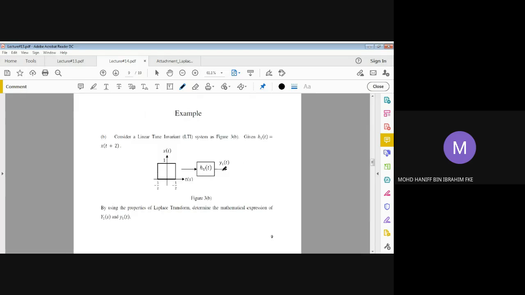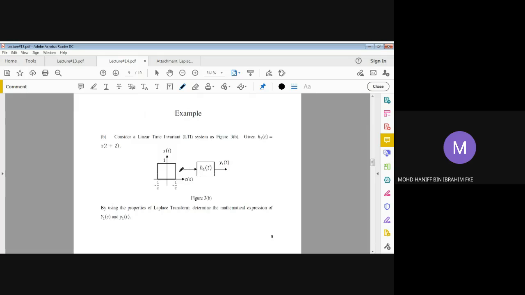Based on this, you are requested to determine the mathematical expression for Y1(s) and also y1(t), so we need to find the s transform of y1(t) and also the expression for y1(t).